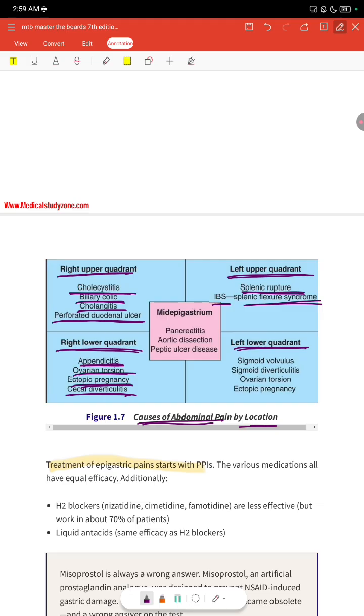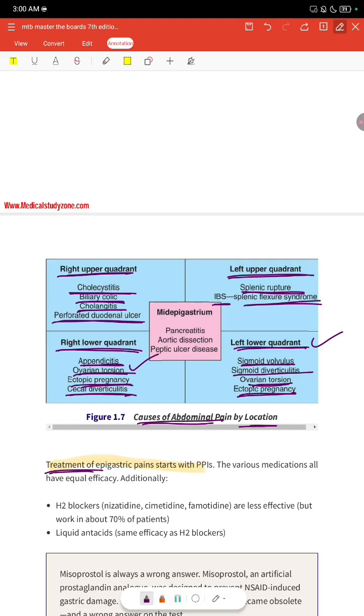Left lower quadrant, sigmoid volvulus, sigmoid diverticulitis, ovarian torsion, because ovaries are on both sides. So ovarian torsion can present as right lower quadrant pain and as well as left lower quadrant pain. Also, ectopic pregnancy is common in both of them.